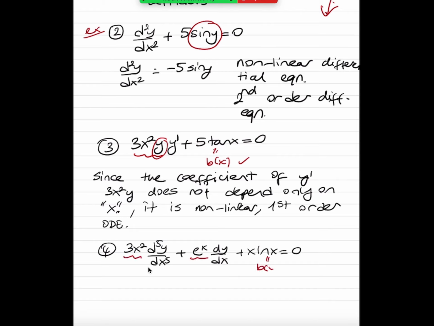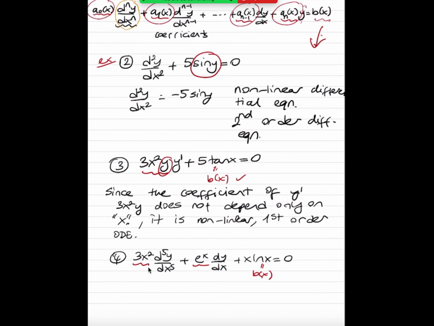We can think of this one as b(x), writing minus b(x) is equal to 0. There is no problem with that. All the coefficients depend only on x. So this is linear. And what is the order? The order of the highest derivative. It is a fifth order ordinary differential equation.